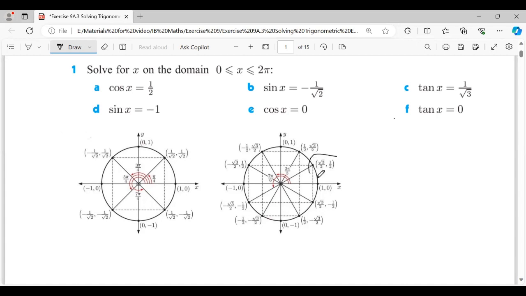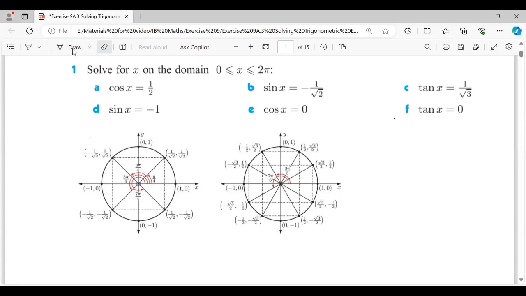And this one, square root 3 over 2 is the value of cosine pi over 6, and half is the value of sine pi over 6.